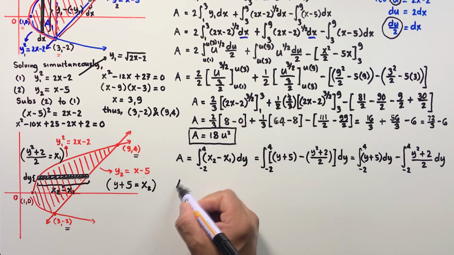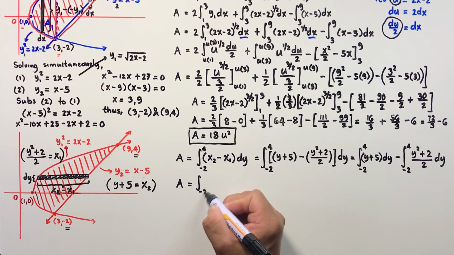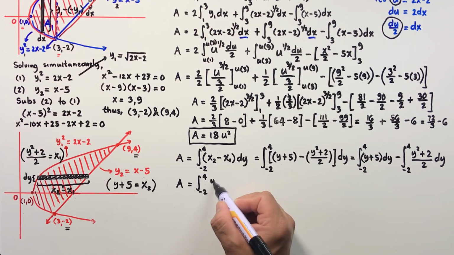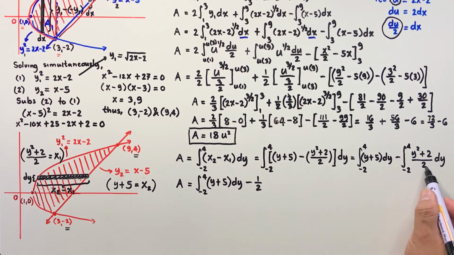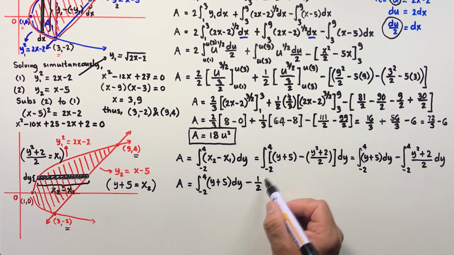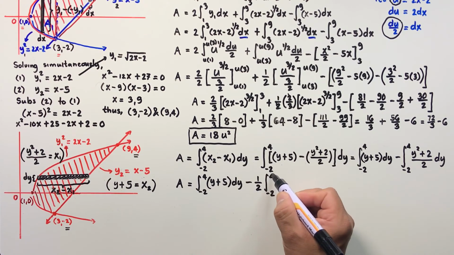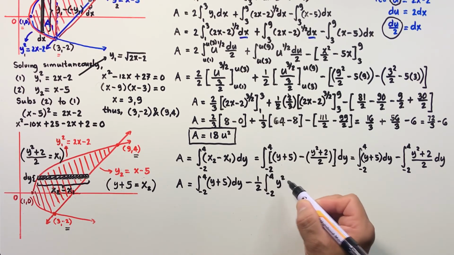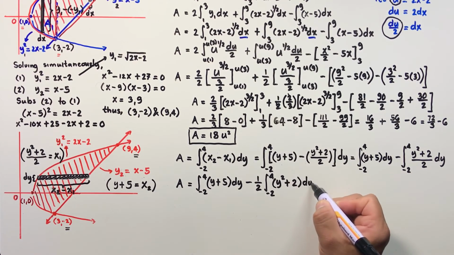So we have the area, which is the integral from negative 2 to 4 of y plus 5 dy minus 1/2, because we need to factor out this denominator outside the integral symbol. So this is minus 1/2 times the integral from negative 2 to 4 of y squared plus 2 dy.